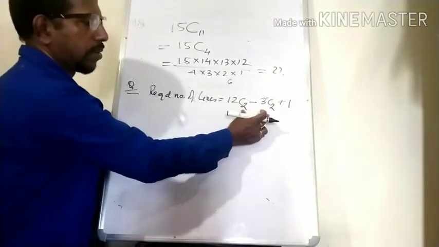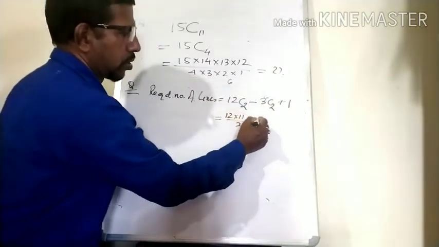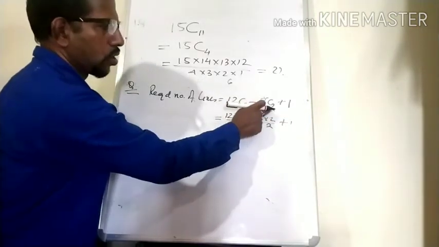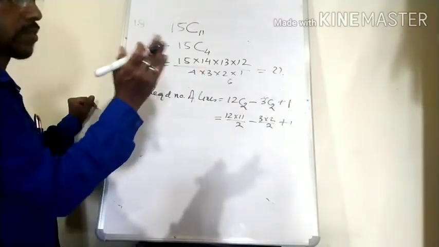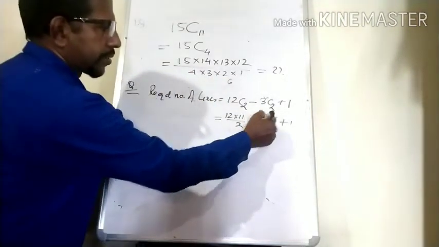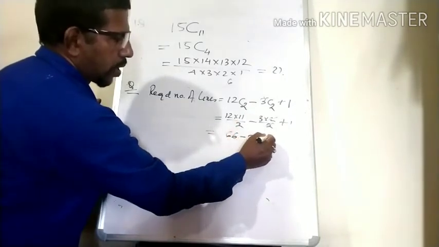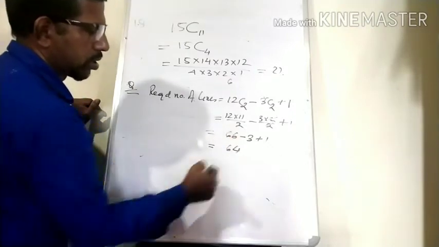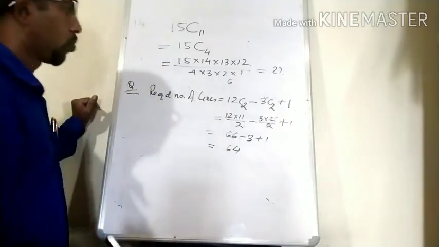So you have to find 12 into 11 by 2, minus 3 into 2 by 2, plus 1. 3 points are collinear, so you have to subtract 3C2 and add 1, because the 3 points give you one line. 66 minus 3 plus 1. So it will be 63 plus 1, 64.